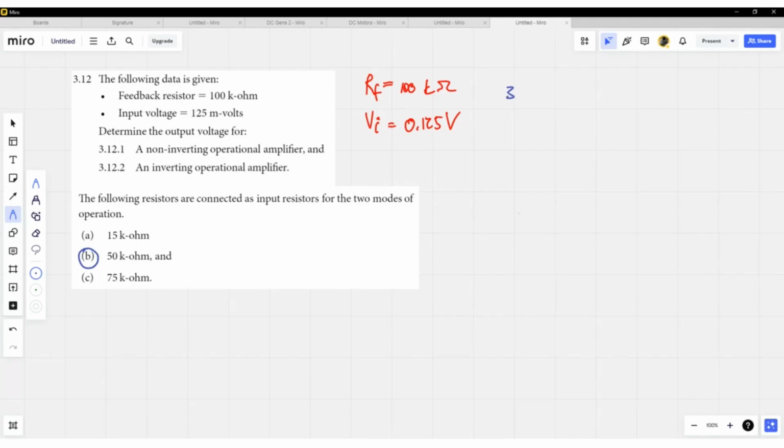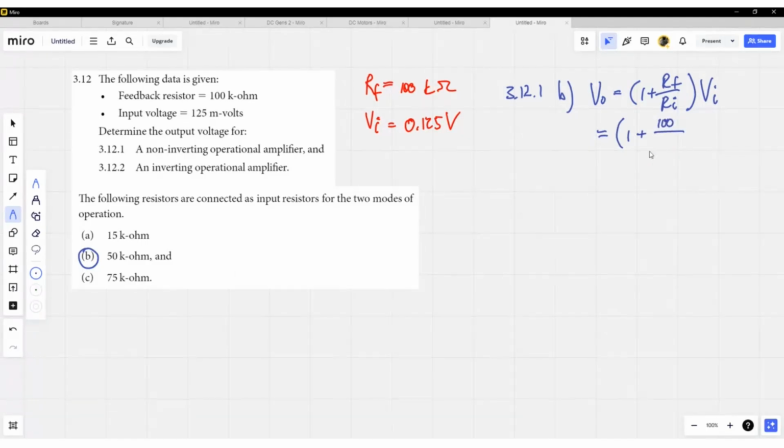For 3.12.1b, for a non-inverting op amp, if we write down the output voltage, that's 1 plus RF over Rn multiplied by the input voltage. That's 1 plus 100 kilo ohms divided by 50 kilo ohms.